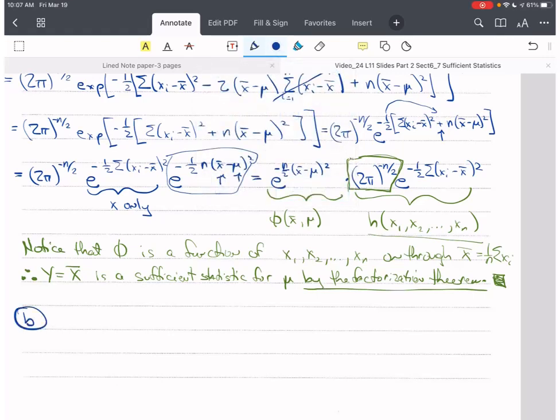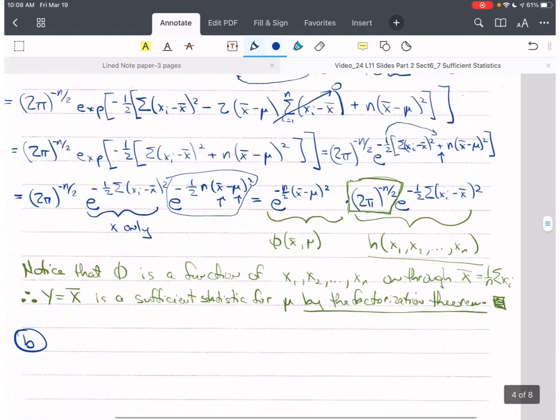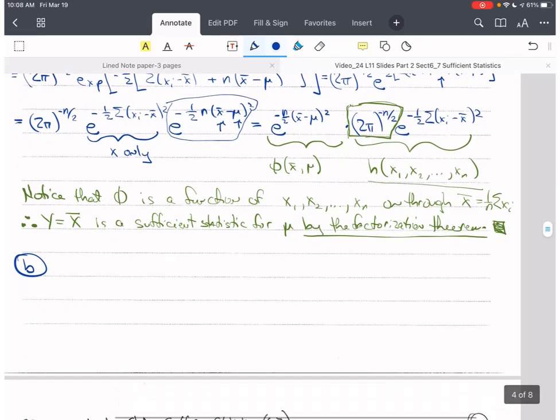What was part B? Part B asked, find a power of the sufficient statistic which is also a sufficient statistic of mu. Okay? So now, we need a one-to-one function.